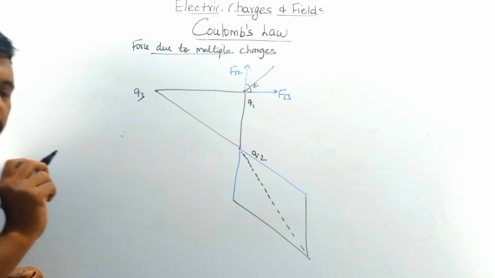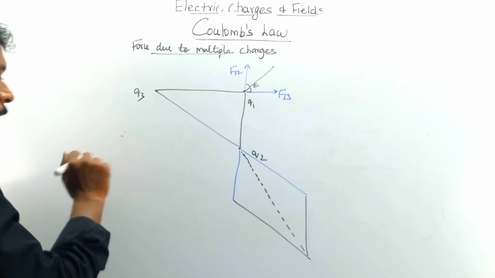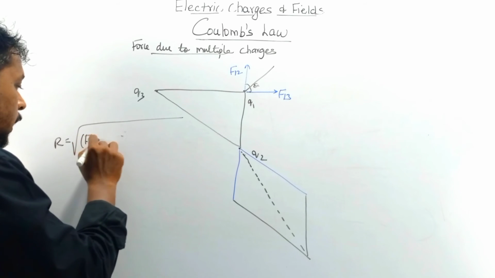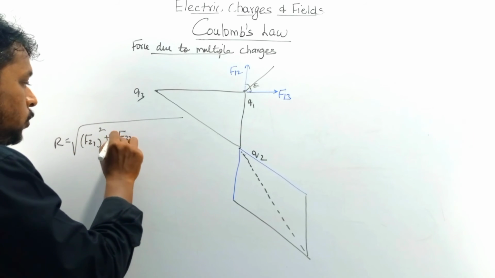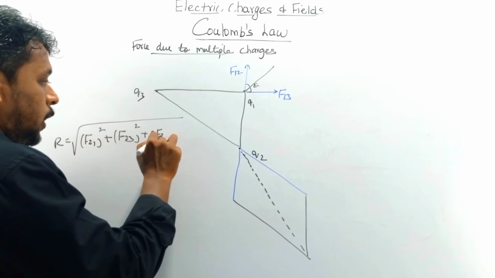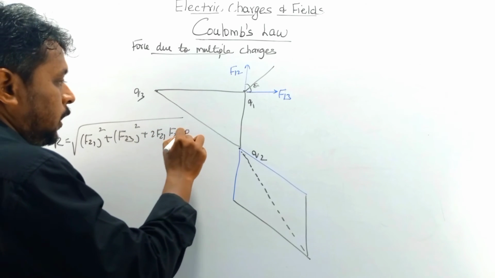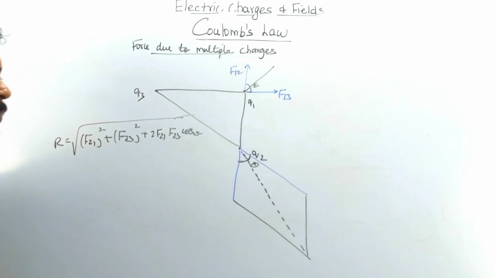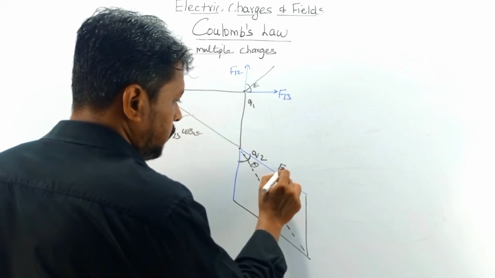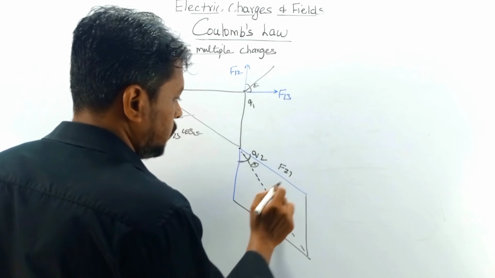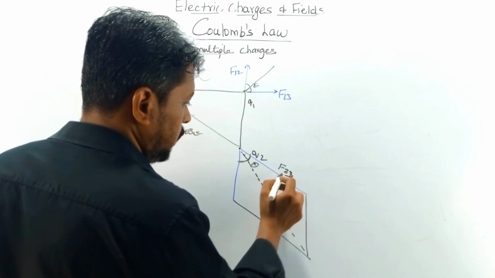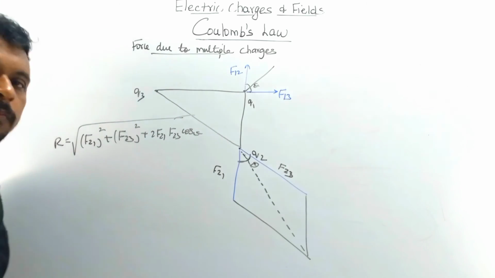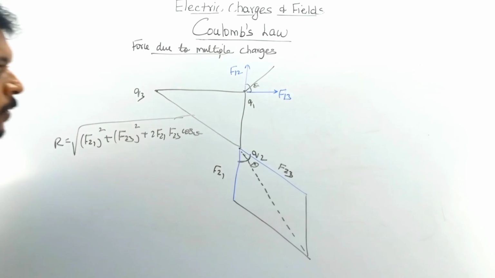The resultant R is found by F21 square plus F23 square plus 2 F21 F23 cos theta, where theta is the angle between the two forces. Similarly, we can also find it for Q3, following the same procedure.